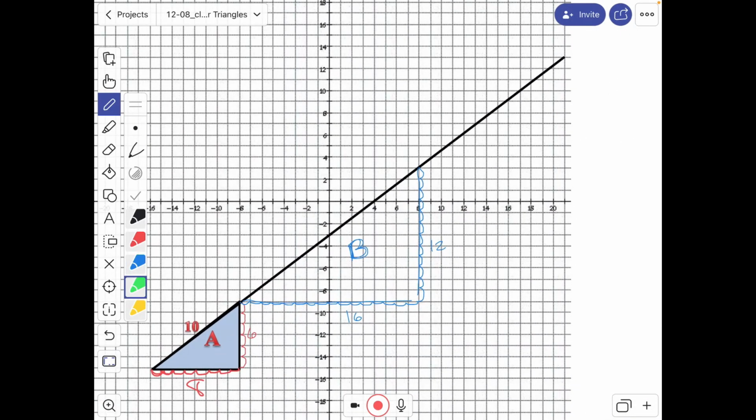Let's make another one. What if we go across maybe 12? As long as I make a right angle, that should make a similar triangle.